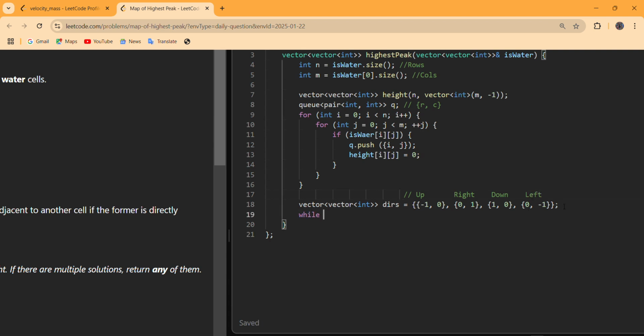Now we have to traverse our queue until it is not empty. Since the queue contains a pair, we have to extract our r comma c from the front of that queue.